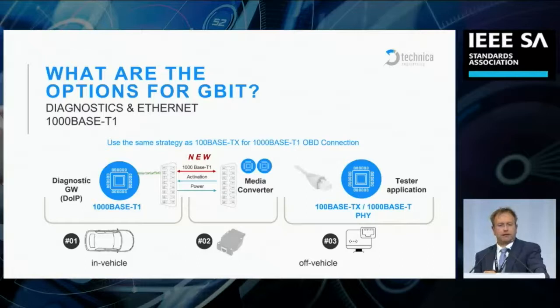This media converter has the job to convert 1000BASE-T data to 1000BASE-T1 data. So it's a media converter, as you already know. On the other side, on the PC side, on the tester side, nothing is changing. It's the same.